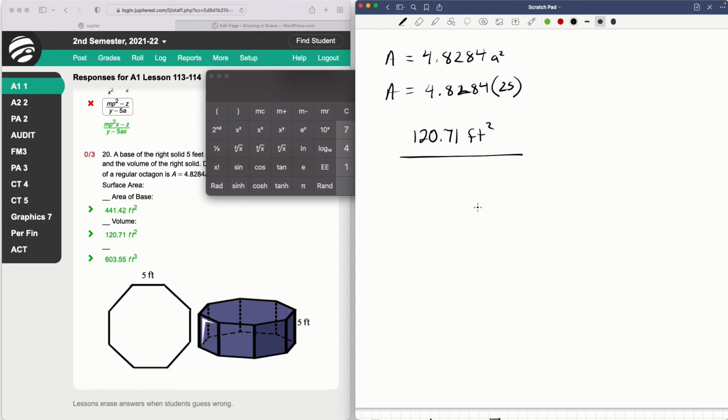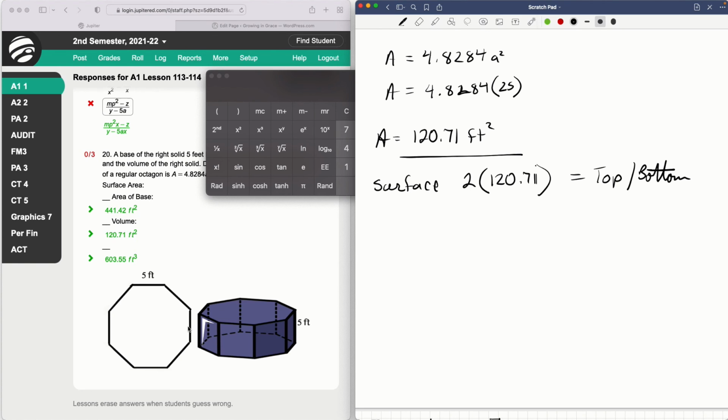We know for surface area that we have two of those, a top and a bottom, right? So 2 times 120.71 would give us the top and the bottom. And so then we know we have 1, 2, 3, 4, 5, 6, 7, 8 sides because it's an octagon.